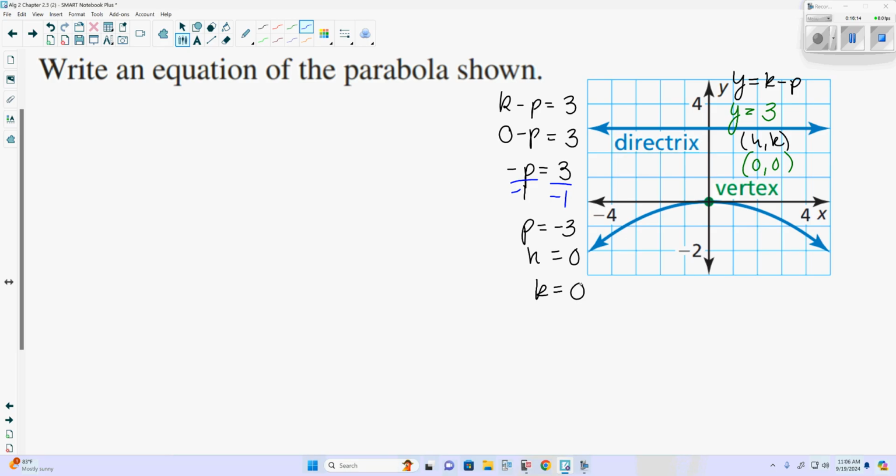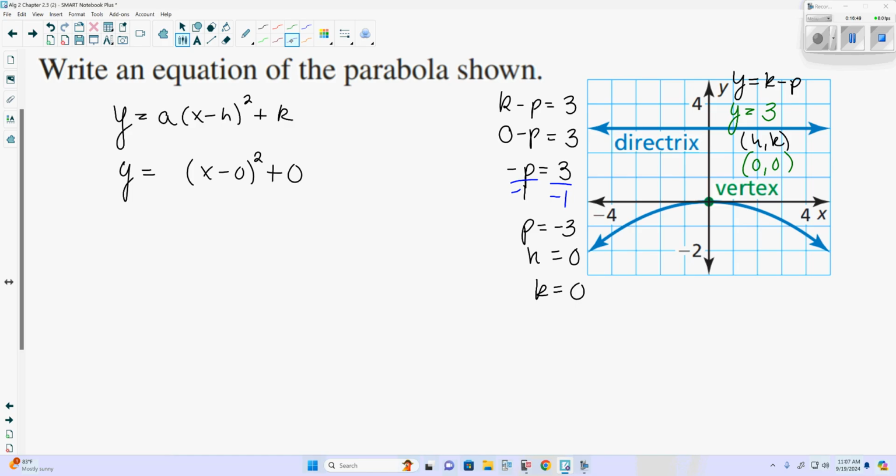What is our general form for this here? A times x minus h squared plus k. And we'll edit this equation here in a second, as h and k are both 0, yes? So we have x minus 0 squared plus 0.